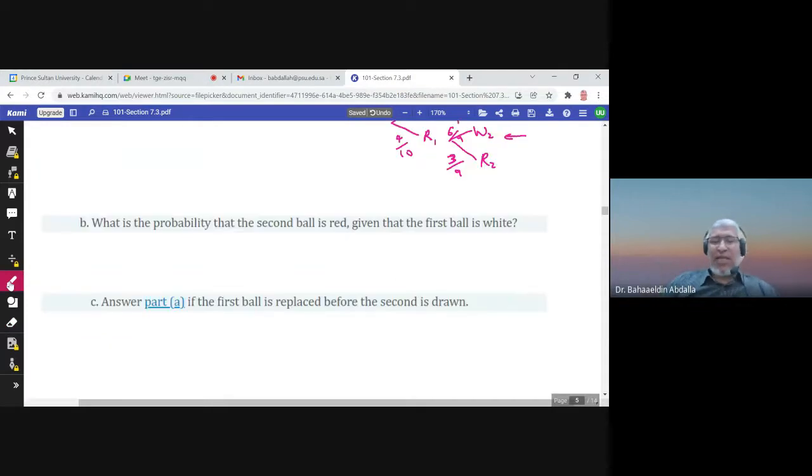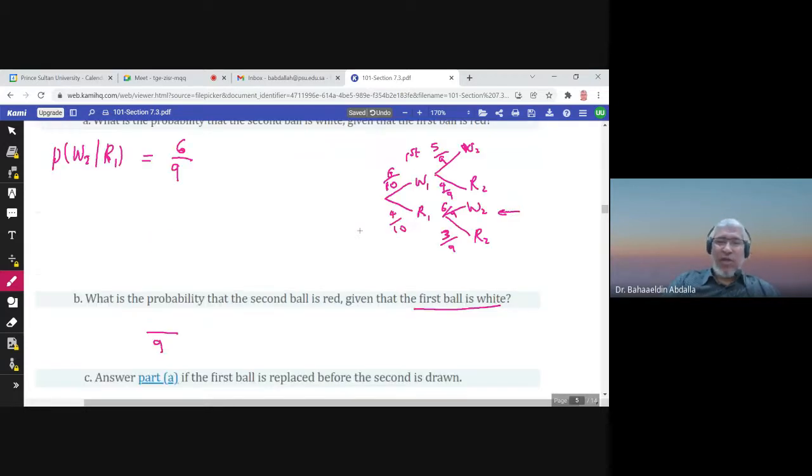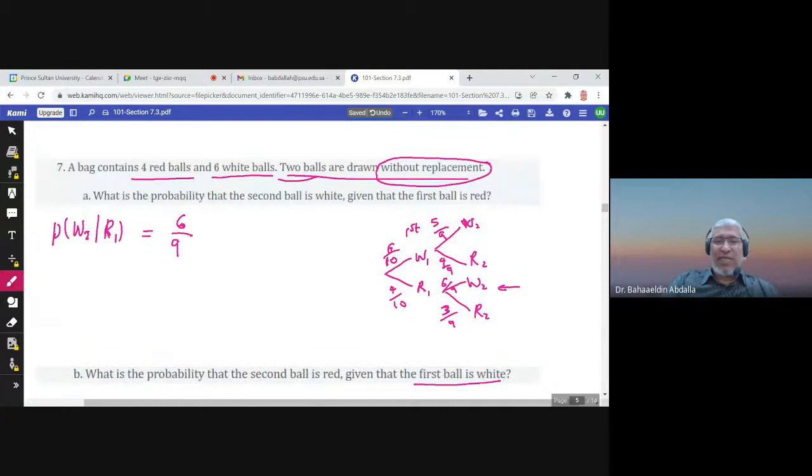What is the probability that the second ball is red given that the first is white? So also you can think like this if you don't want to use the tree diagram. The first ball selected is white, so now we still have 9 balls. And how many whites were there? We had 6 white balls.